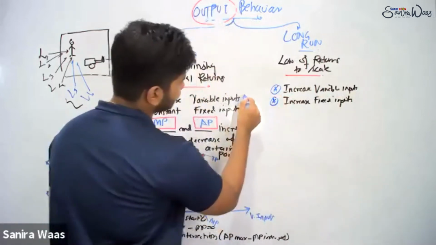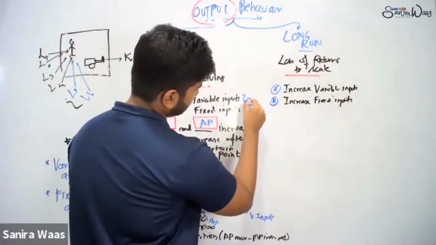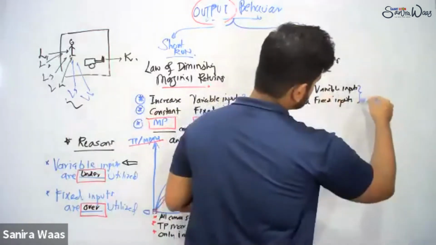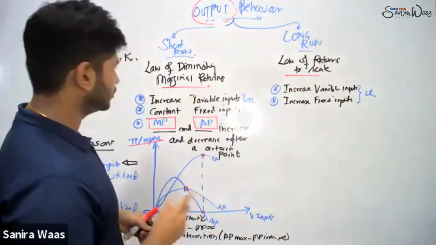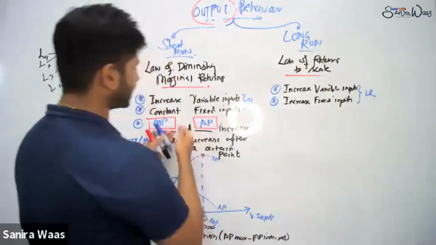In fact, these two represent the short run and these two represent the long run. Now, what does really happen?